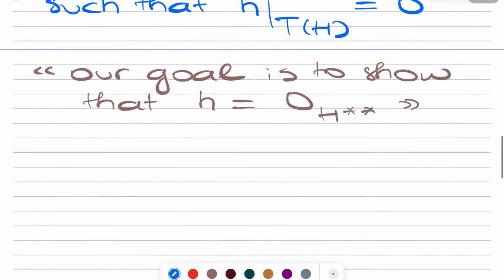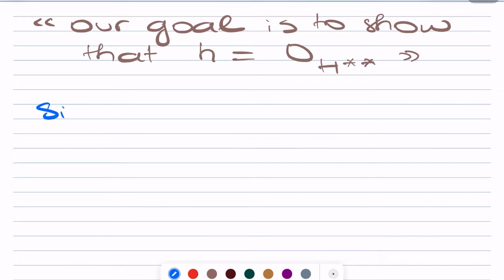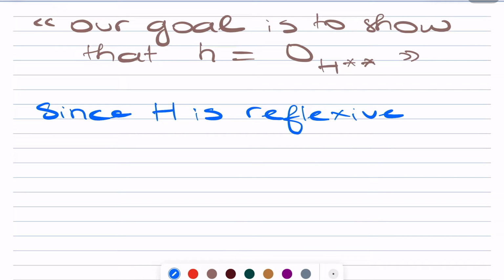Now, since H is reflexive, it's a Hilbert space, and we saw that every Hilbert space is reflexive, because every Hilbert space is uniformly convex and by the Milman-Pettis theorem we have reflexivity.